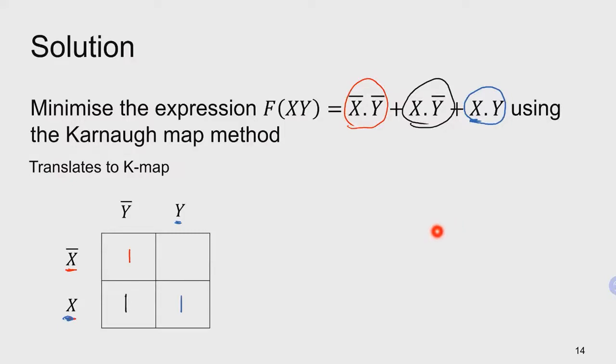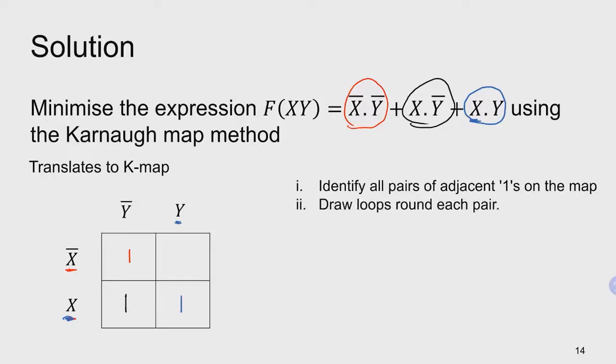Okay, so I put some color there. Hopefully that helps you to understand how the minterms are put onto the KMap. So the next step is to identify all pairs of adjacent ones on the map and then draw loops around each pair.